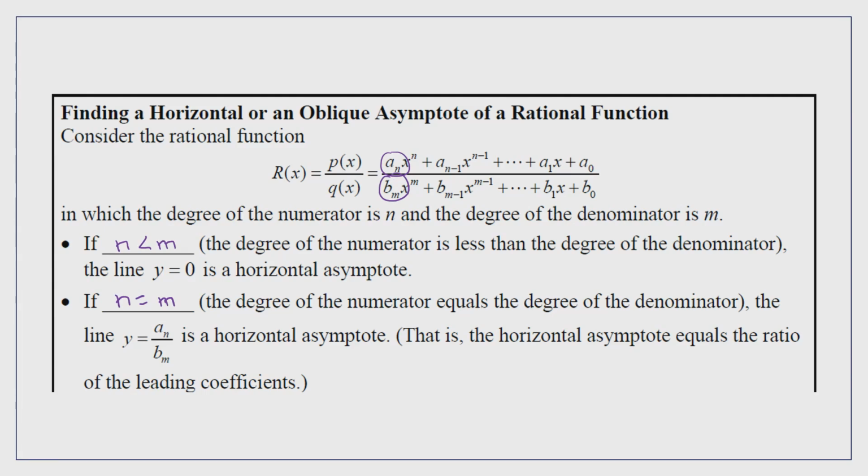So the horizontal asymptote is going to be the ratio of the leading coefficients. Okay, so if n is less than m, your horizontal asymptote is y equals 0. If n equals m, your horizontal asymptote is going to be the ratio of your leading coefficients.